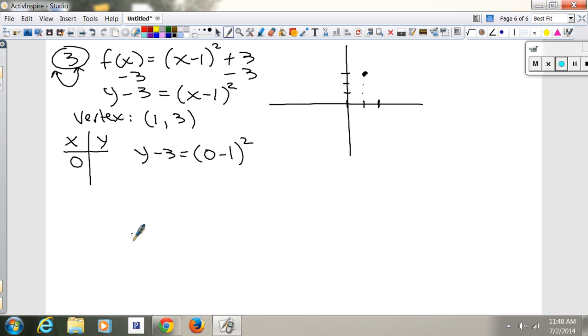So y minus 3 equals negative 1 squared, which is 1. And if I add 3 to both sides, I get y equals 4. So that means 2 is also going to be a 4. So if I go over 0, I'm going to go up 4. If I go over 2, I'm going to go up 4. There's your U-shaped curve. So that's how you're going to do 3 through 6.